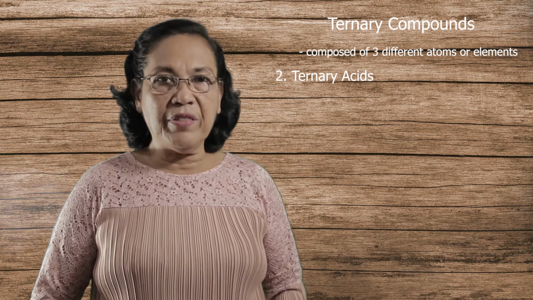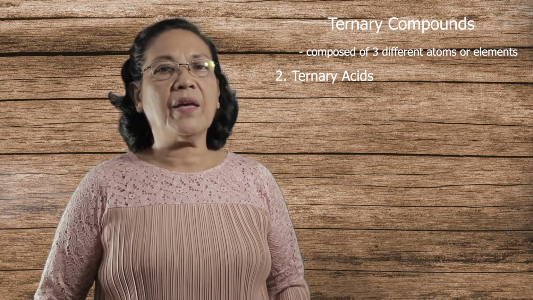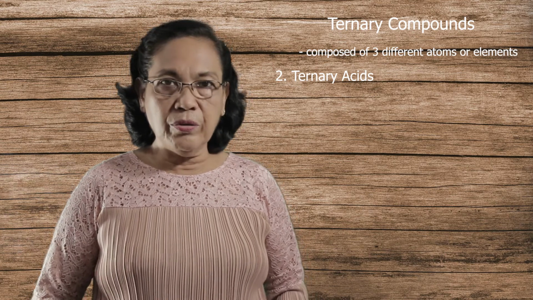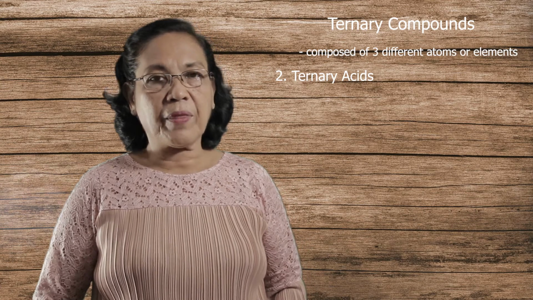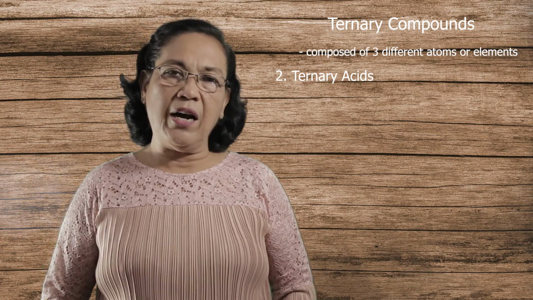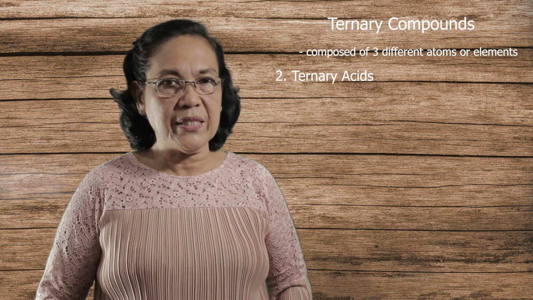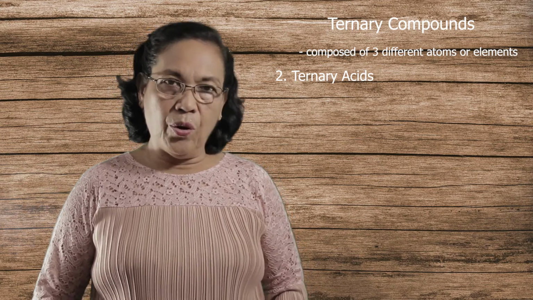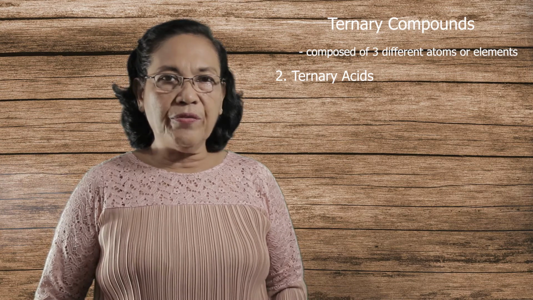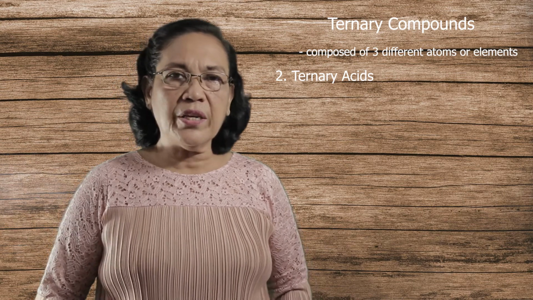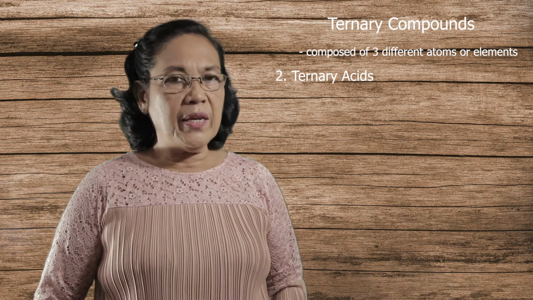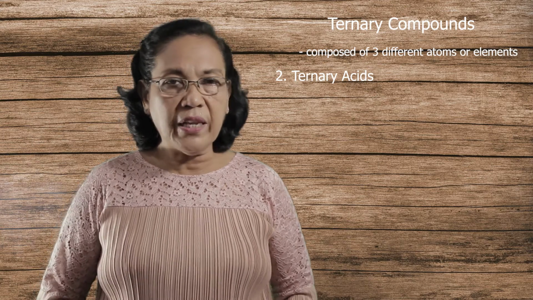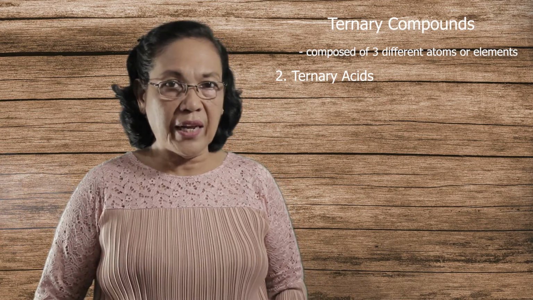So the name of this acid is hypochlorous acid. Suppose we will increase the oxidation number of chlorine. This time, we have the formula HClO2. So if you're going to compute the oxidation number of chlorine, there is an oxidation number of +3.